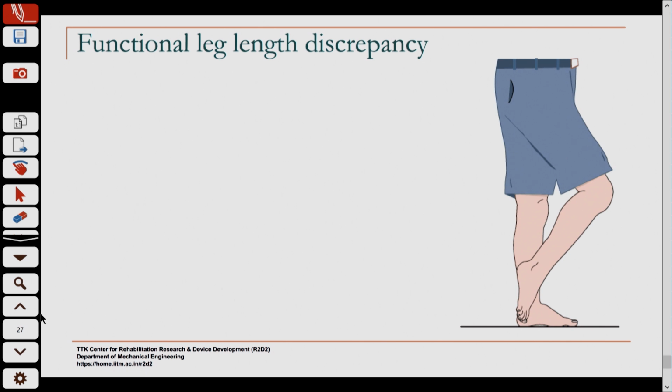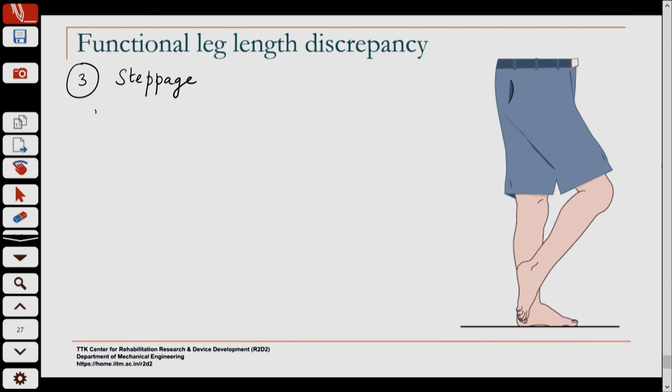So, the third kind is what is known as steppage. In steppage, here a person may have the drop foot. What you do is you basically increase your hip and knee flexion to compensate for the increased length of the foot.